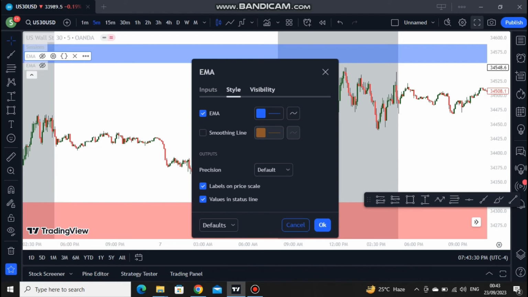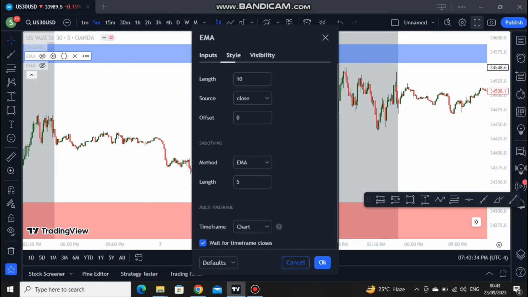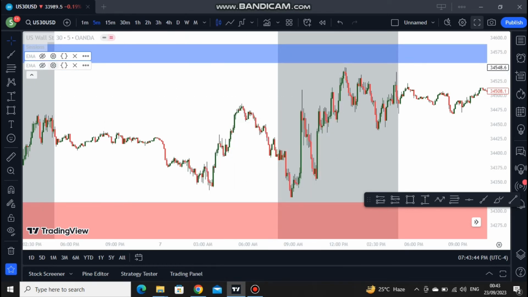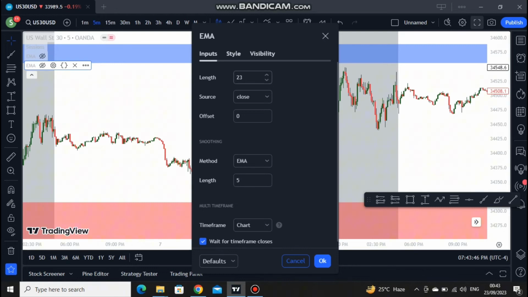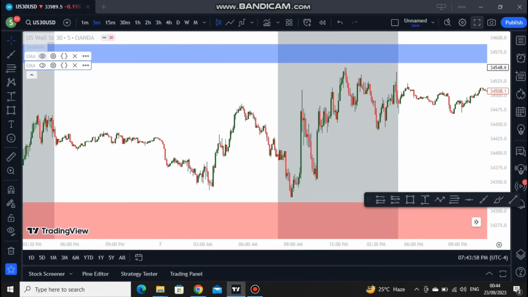You're going to add two of them. Come to input. This is length 10. Leave the rest of them here. Change this one to EMA, not SMA. Then you click on OK. Then you come here, change the second one to 23. The method is going to be EMA, because it's going to be SMA by default. Change it to EMA. Then that is it, and you have it set.